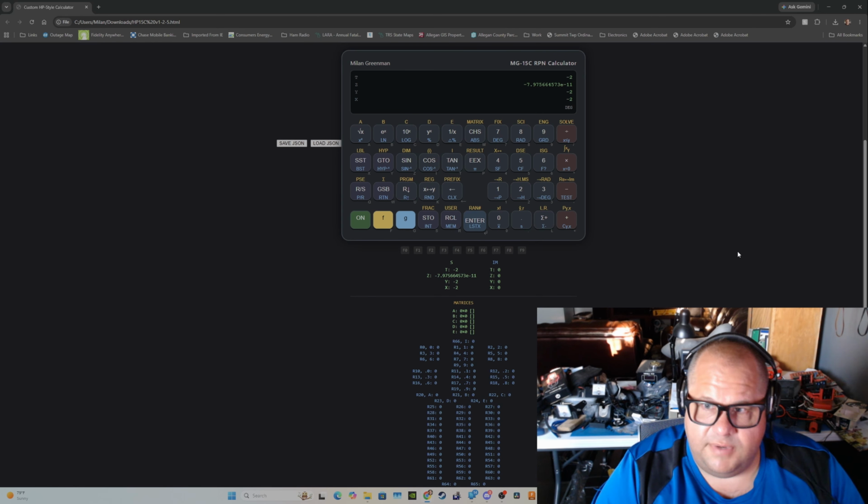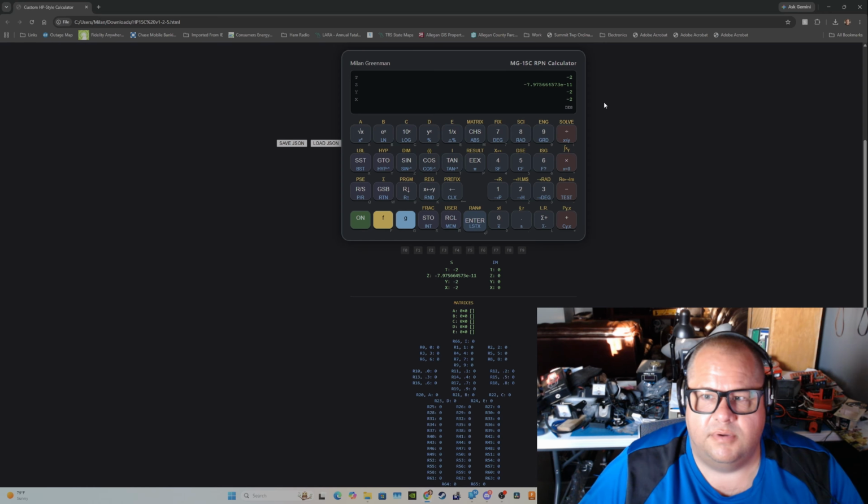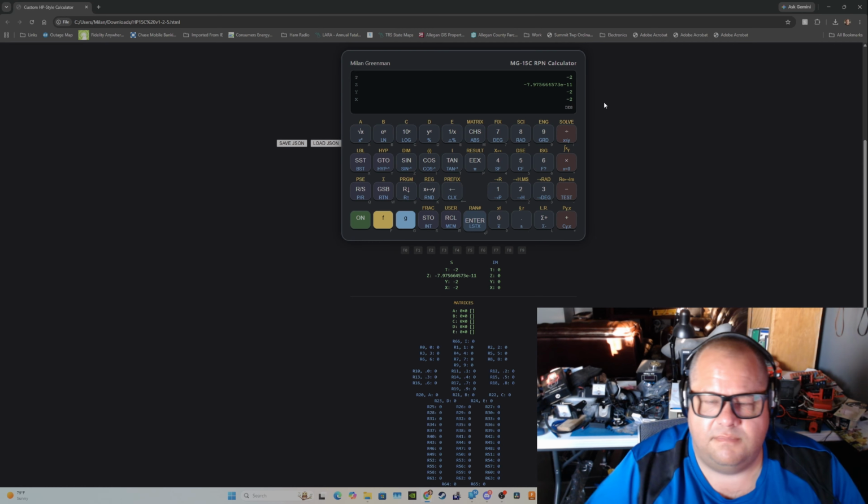So there's 2 ways on the calculator, the quadratic equation in the program, and then with the solver. I would prefer the quadratic equation just because it's going to give us both roots at the same time. The problem with solve is you need to have some initial guesses, and it's only going to give you one answer. But that's the way to do it, both ways, on the HP15C or my MG15C emulator. Thank you.